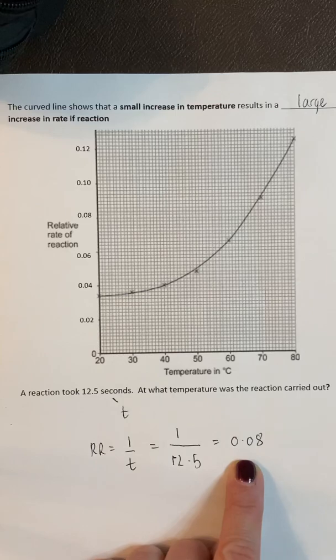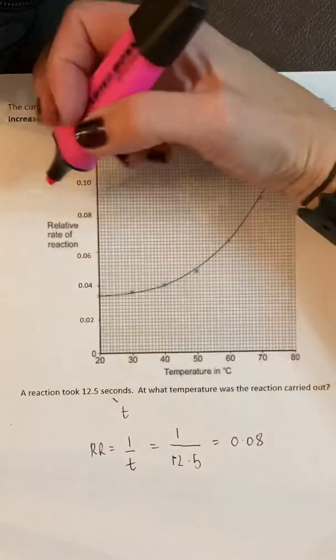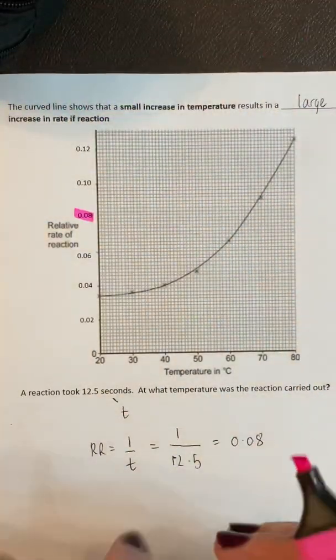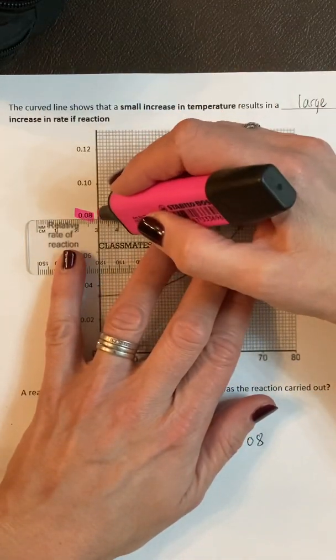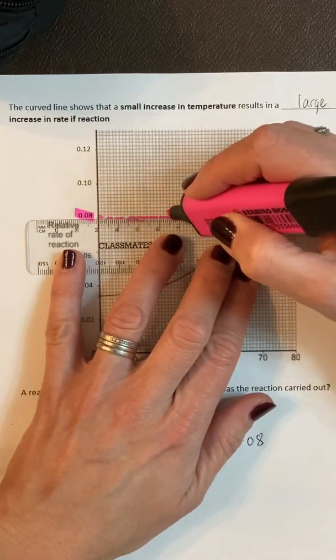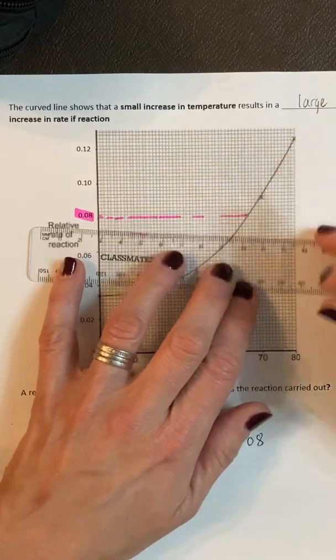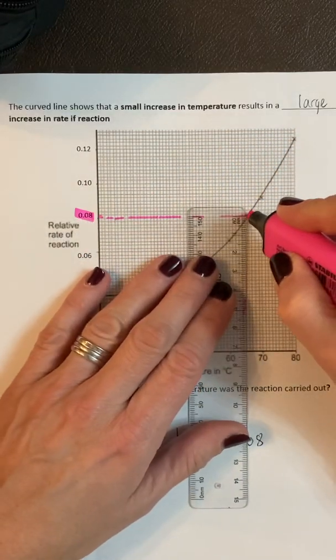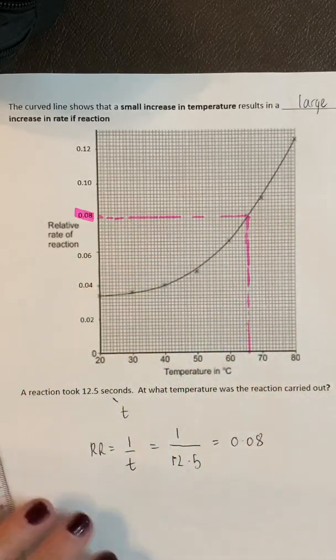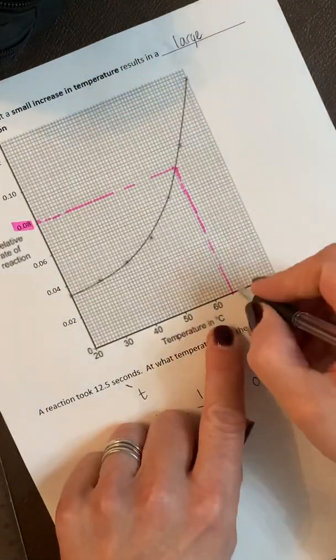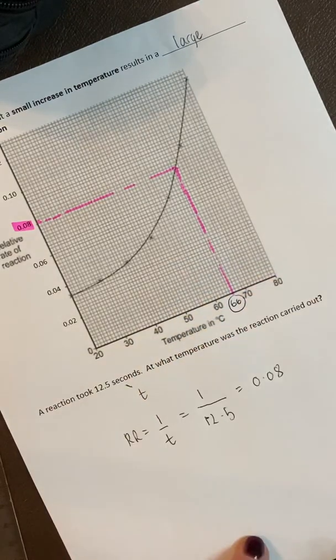So what I now do is I go up to my 0.08 here, and I can carefully bring my line along here. And then I can follow the line down here, and I can look at my temperature here, and my temperature here is 66 degrees.